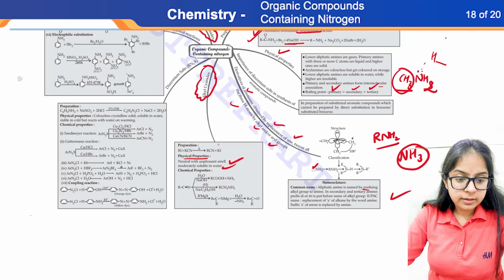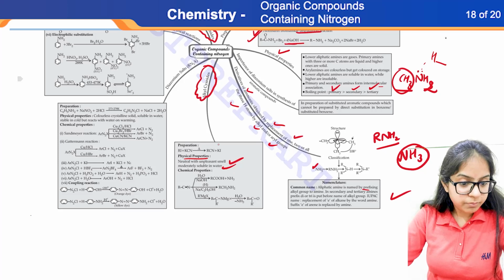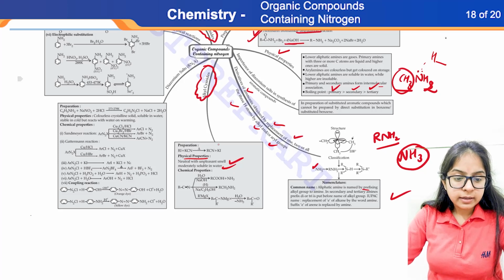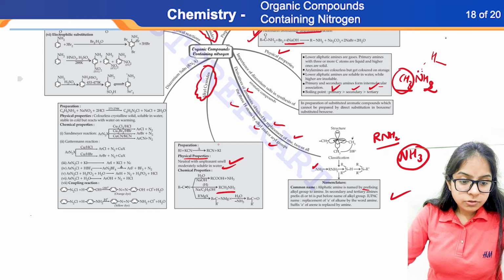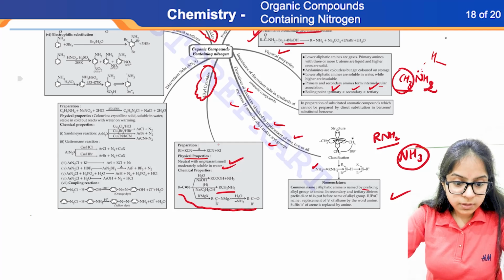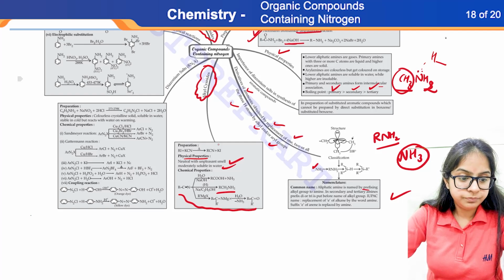Like dissolves like: hydrophobic will dissolve in hydrophobic, and hydrophilic will dissolve in hydrophilic. RCN with H2O and NaOH gives RCOOH plus NH3, and then there is the reduction of this compound. I am going to show you this with the help of a mechanism. This is a very important mechanism and you need to know this.